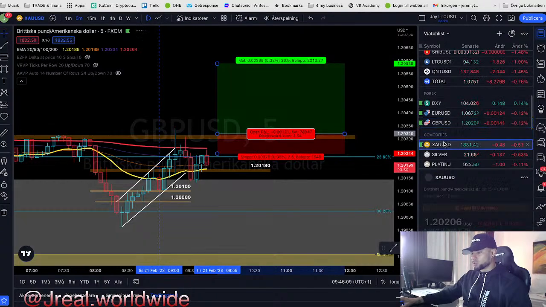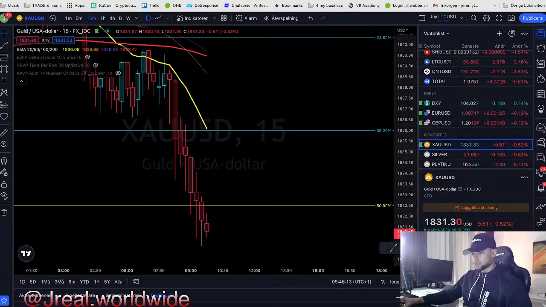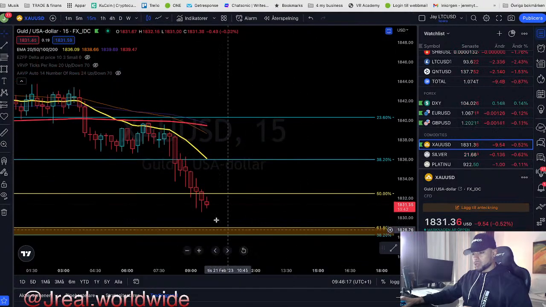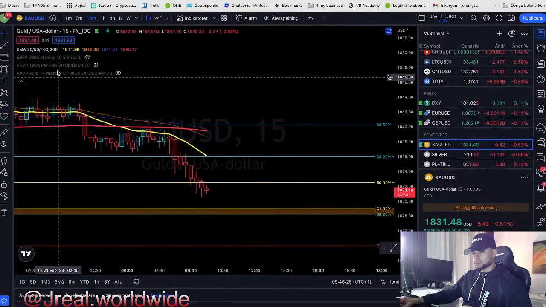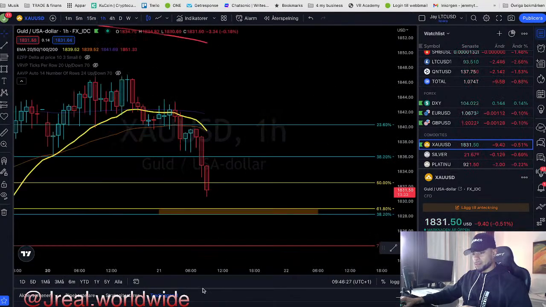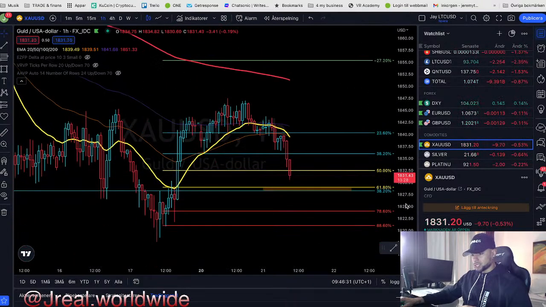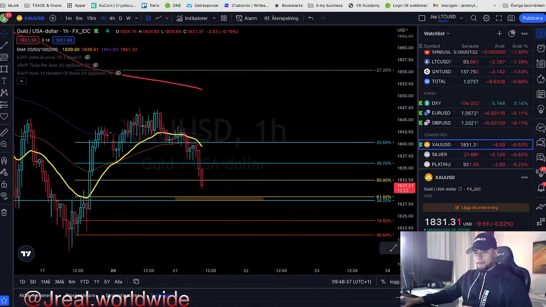We go to gold and see what's going on there. Oh, snap. Yeah, gold is approaching our entry zone. This orange line here, this is our entry zone. It hasn't reached it yet, but it's approaching it. All right, so I definitely see a possible buy here.